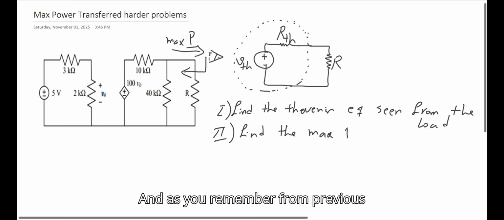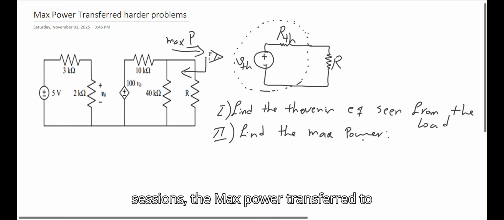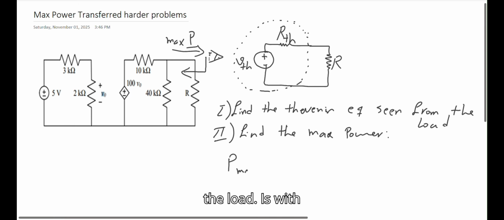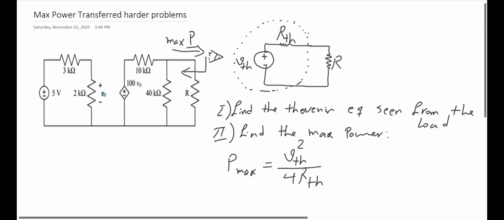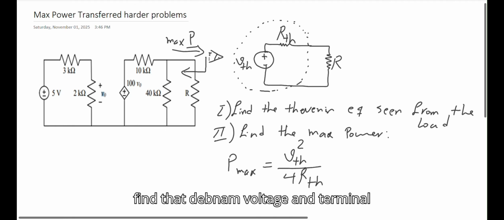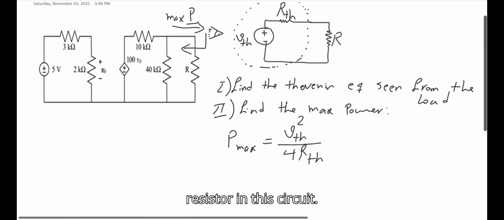And as you remember from previous sessions, the max power transferred to the load is V Thevenin square over 4 times R Thevenin. Okay, so the first step is to find the Thevenin voltage and Thevenin resistor in this circuit.